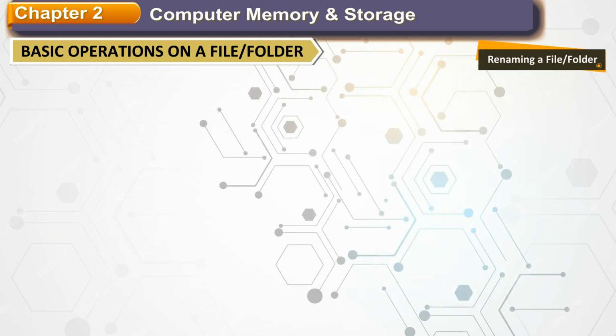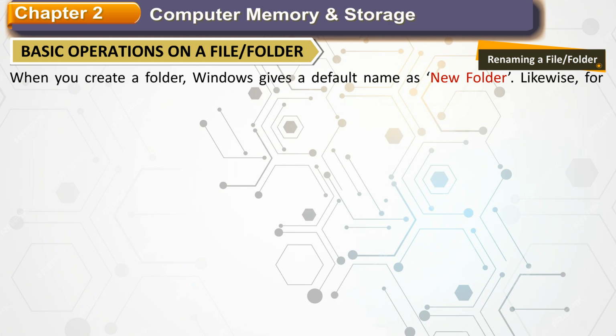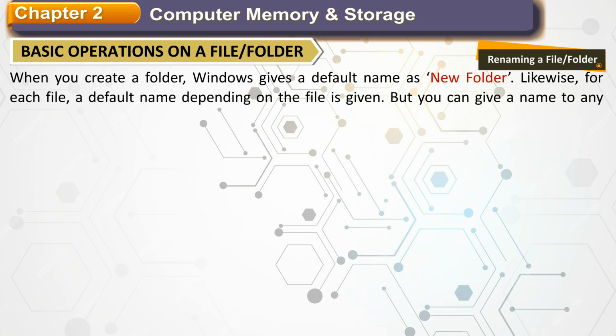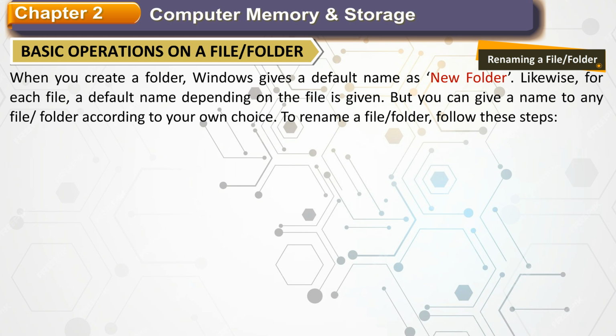Renaming a file or folder. When you create a folder, Windows gives a default name as New Folder. Likewise, for each file, a default name depending on the file is given. But you can give a name to any file or folder according to your own choice. To rename a file or folder, follow these steps.